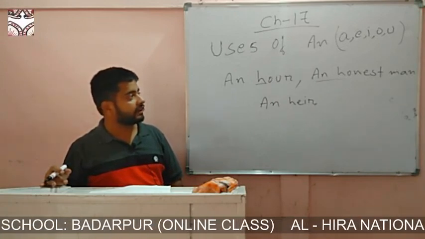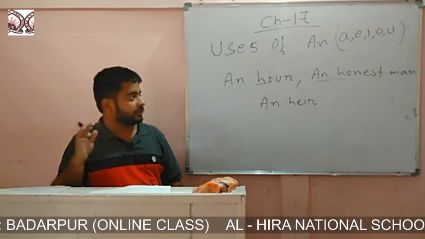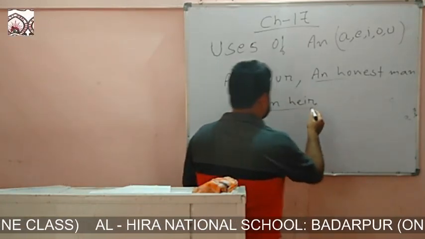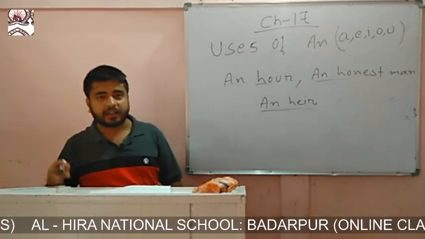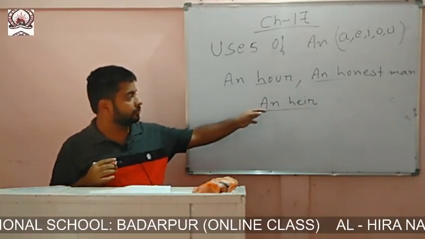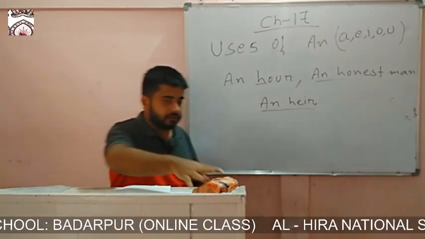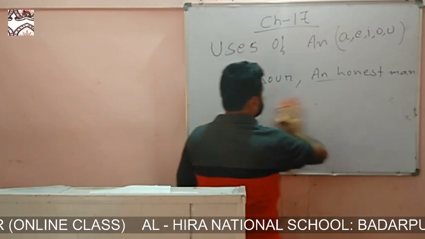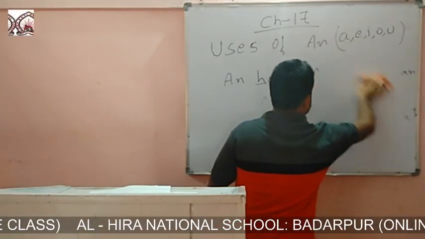We pronounce it as "onest". So I have written "an". Then "an heir", it is not "hair", it is "air", which is also a vowel sound. So we'll use "an".